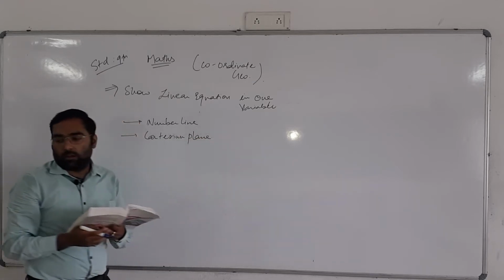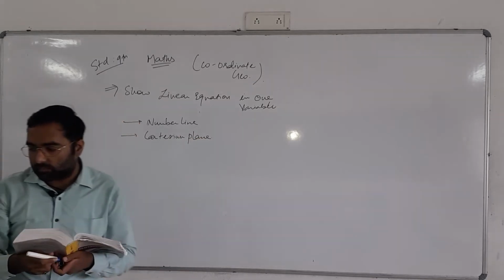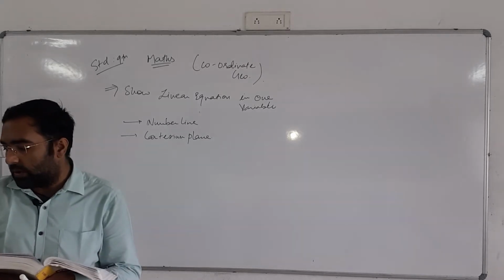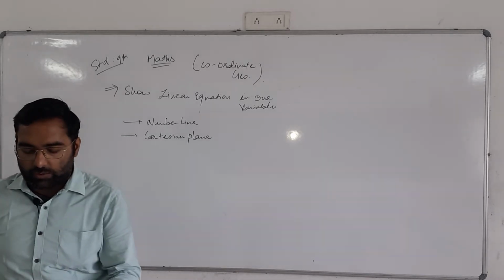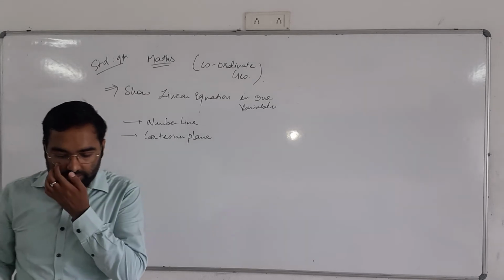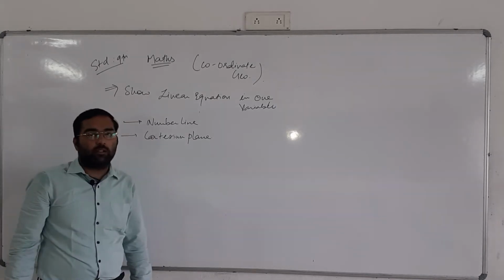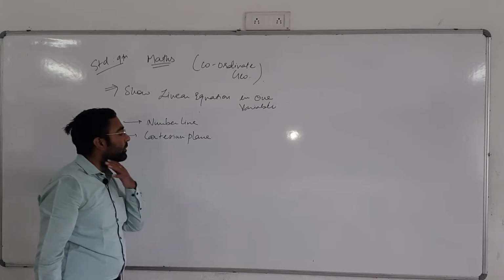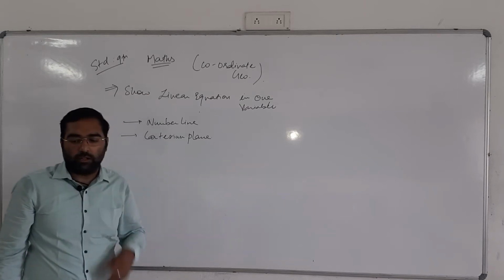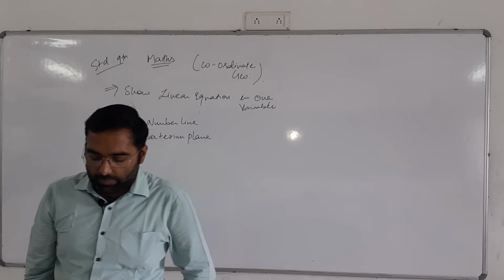Okay, clear students? So now we have to discuss how to represent it on the number line and how to represent it on the Cartesian plane, both of them. Let's start with some examples.